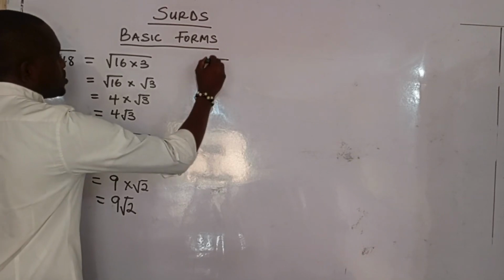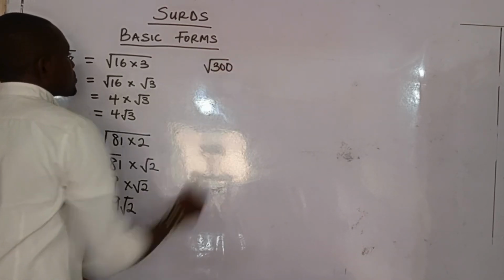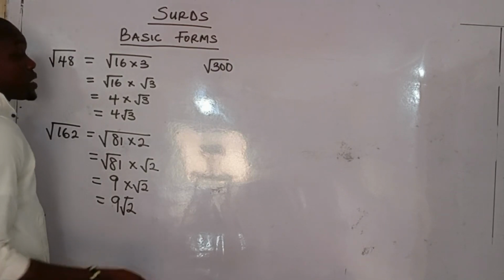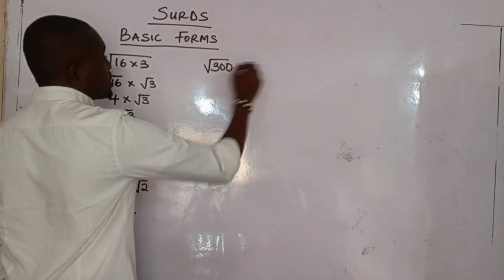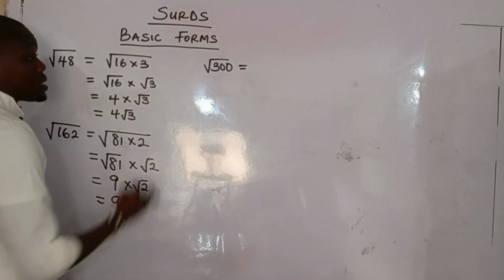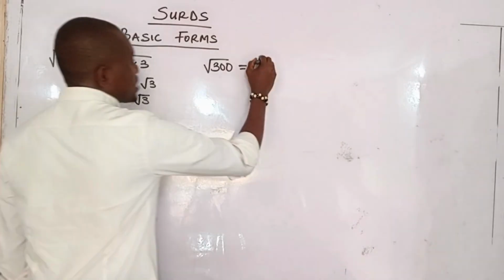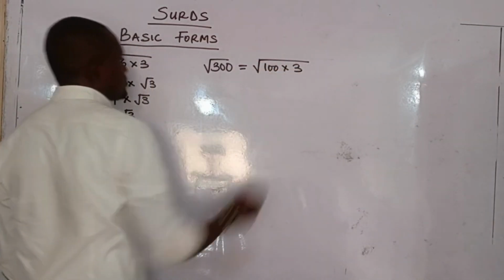Let's say we have the square root of 300. Now, looking at 300, it is not a perfect square. So we are going to express it using the only perfect square that can go into it, which is 100. So that means we are going to have it as 100 times 3.